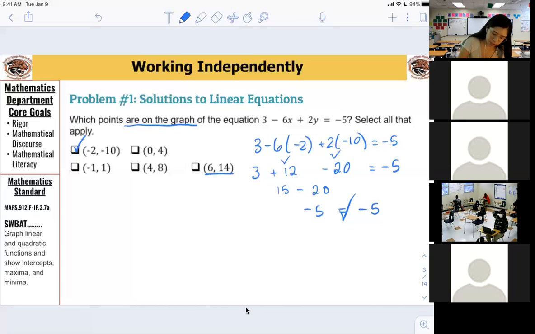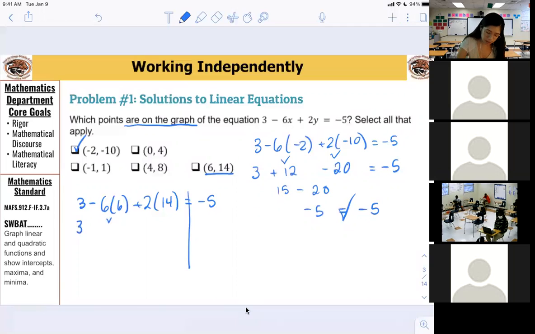So 6, 14. I'm plugging in 6 for x and 14 for y, and I want to get -5. So let's see if I do. Here, 6 times 6 is 36. So I have 3 minus 36. And then 2 times 14 is 28. 3 minus 36, what's that? -33.